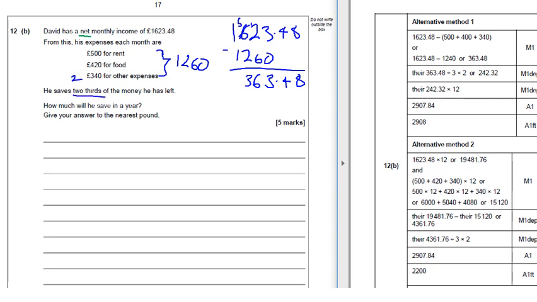He saves 2/3, so that's a good amount. When I see 2/3, I'll be writing 2/3 there. 363.48 times the 2/3. So again, I write it like this and then chuck it all in the calculator.